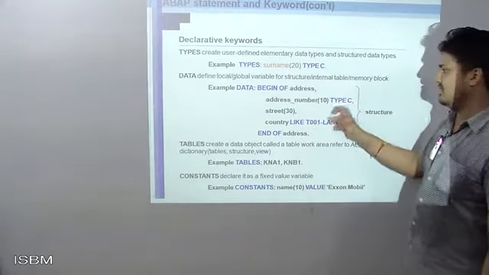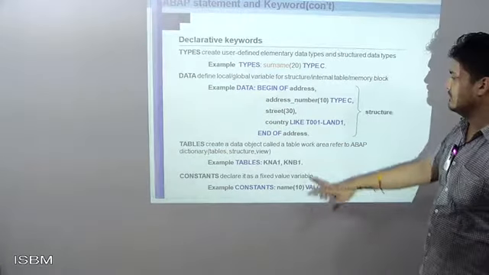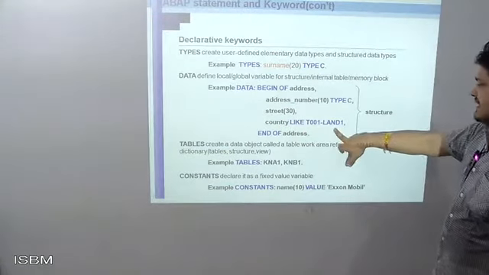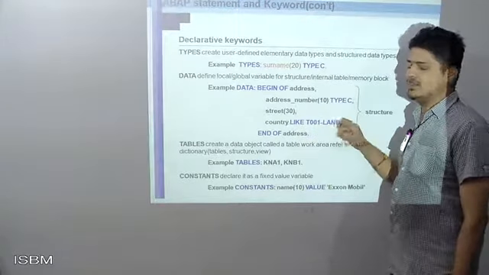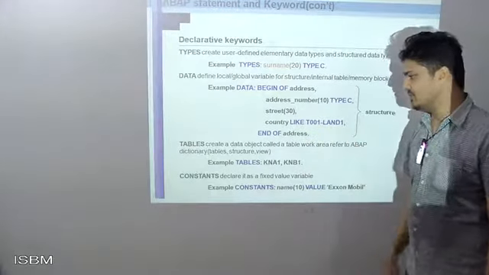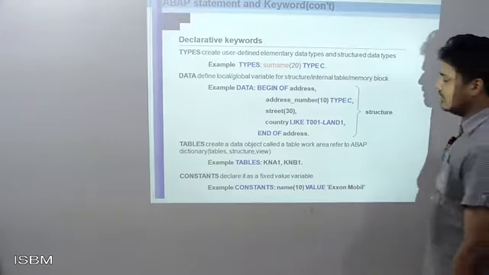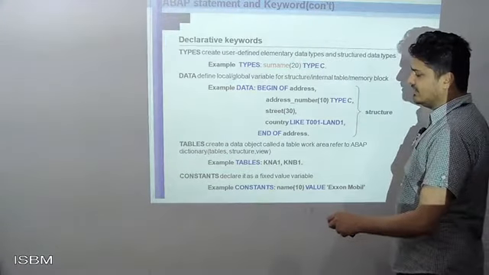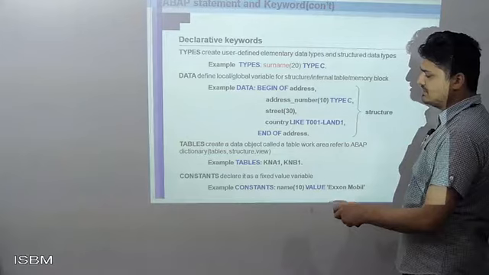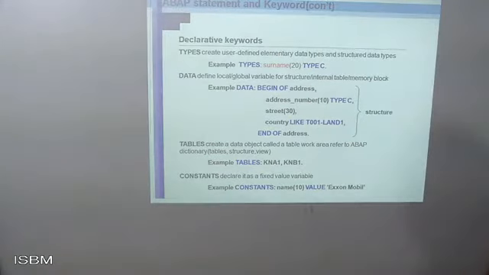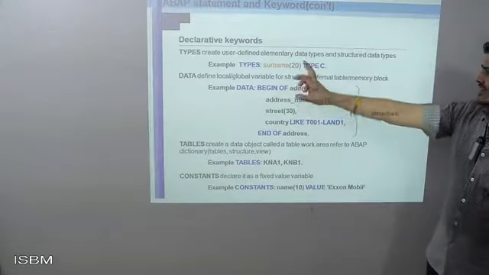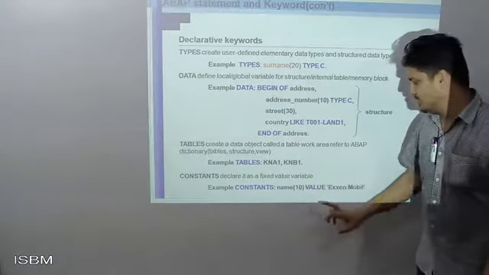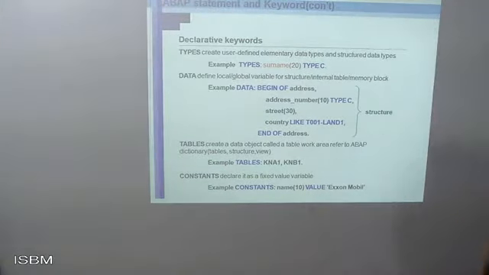Street is 30 characters, and country is like there is a table T001, LAND1 is a field of that table, so it will take the country directly from there. So we can see there are different tables, KNA1 and KNB1, which are the customer tables. And we have constants, which we define the same way, like name of length 10 with a value. If you want, you can give the value also.